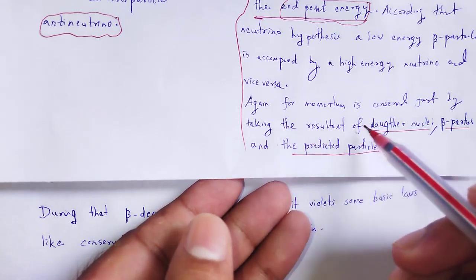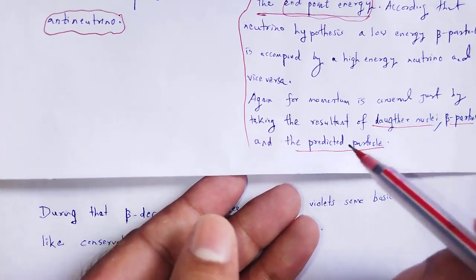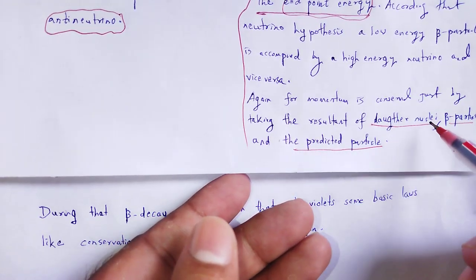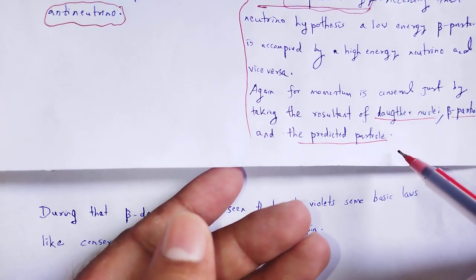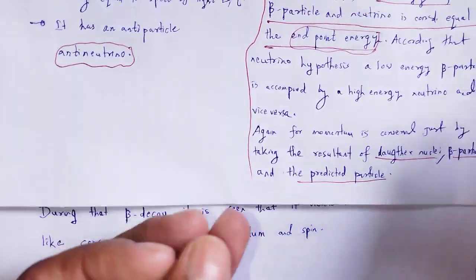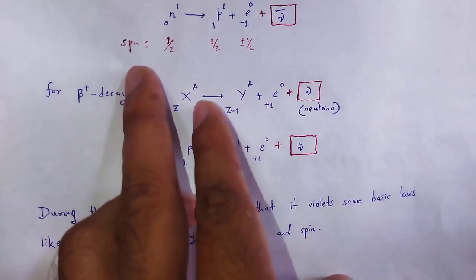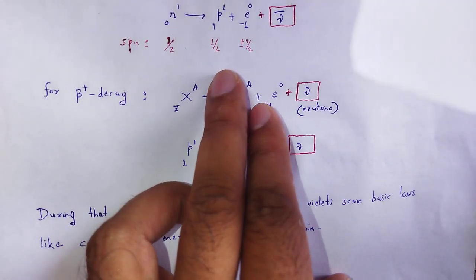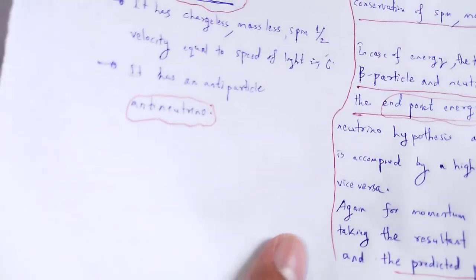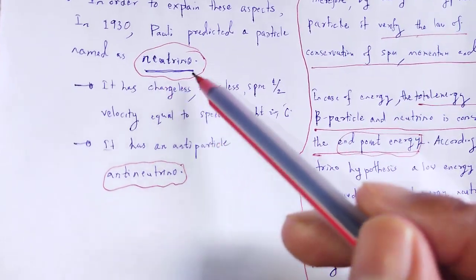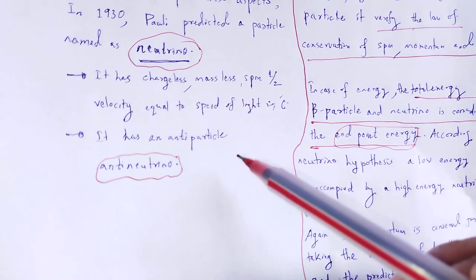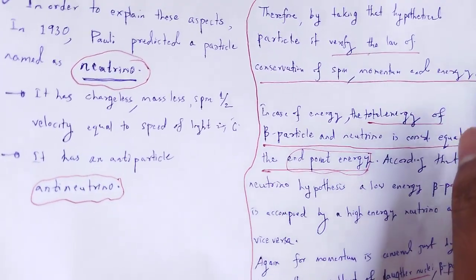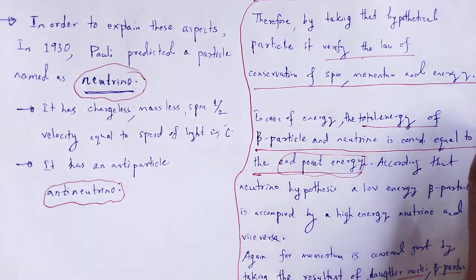Next, the linear momentum is again conserved by taking the resultant of daughter nuclei, beta particle and the predicted particle. And finally spin is conserved. We see here how spin is conserved. Therefore, the predicted particle neutrino is useful to verify these violated laws.